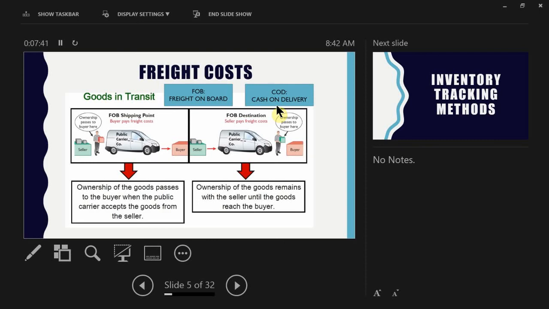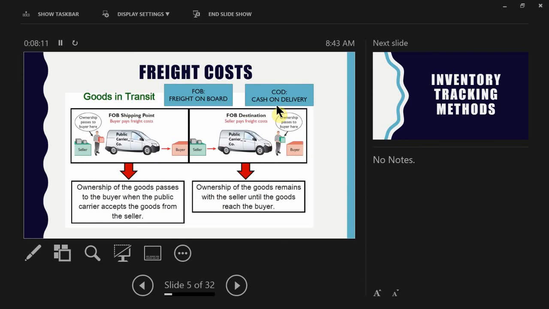Okay? Now once it reaches the middle point and then it makes it to the buyer's store, now the seller is responsible for that item. The ownership has been transferred over, but however, the seller is responsible to pay for the shipping cost that way. So if we break it down, there are two people that actually have to pay into shipping and handling.